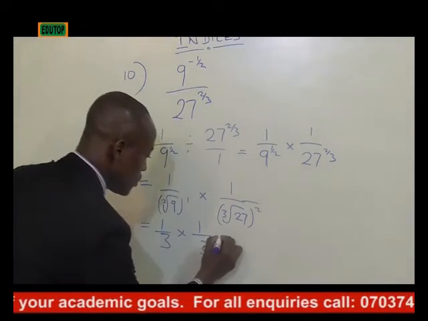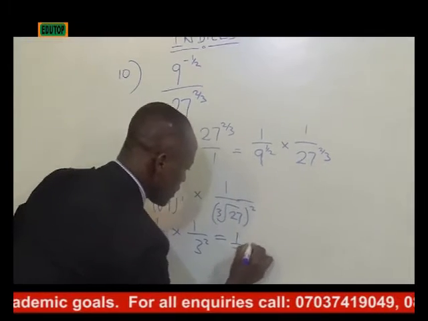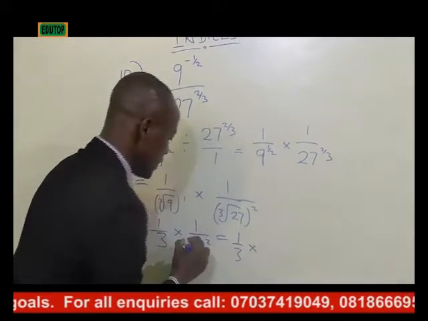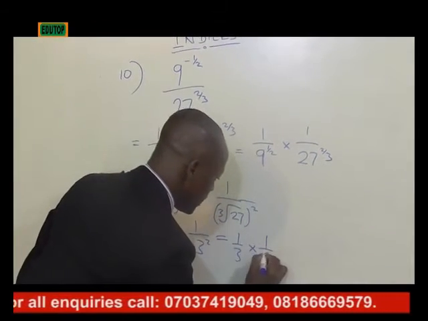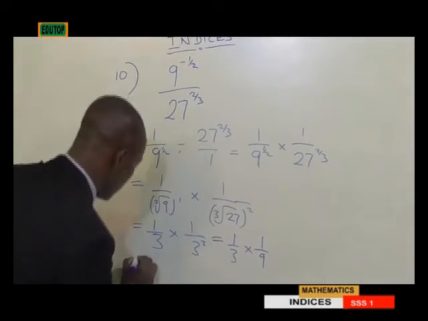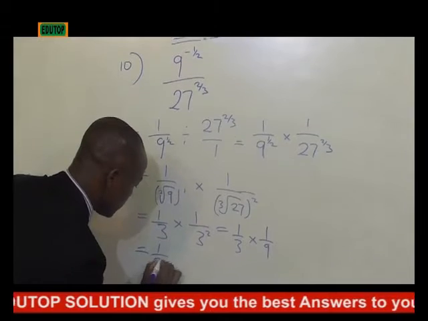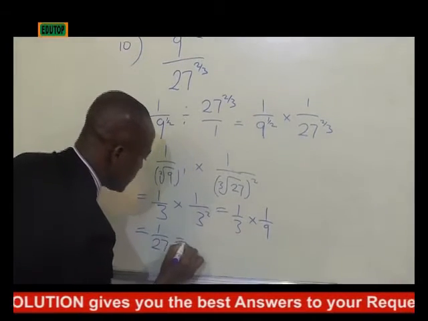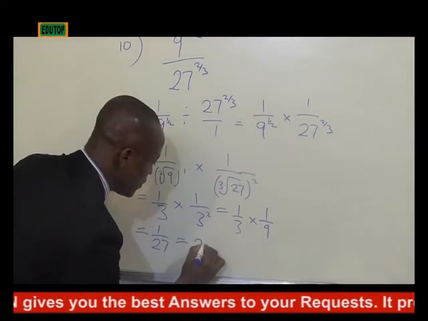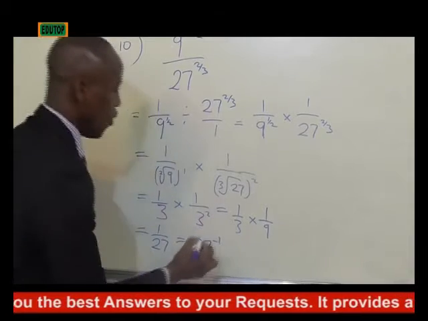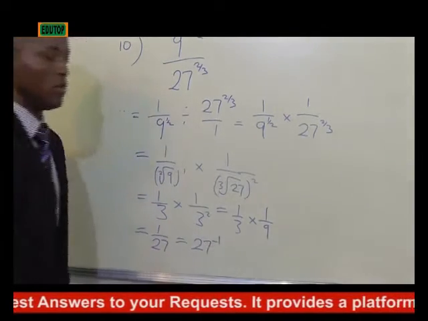That is equal to 1 over 3 times 1 over 9. So what we are having is 1 over 27, which can also be written as 27 raised to power minus 1.